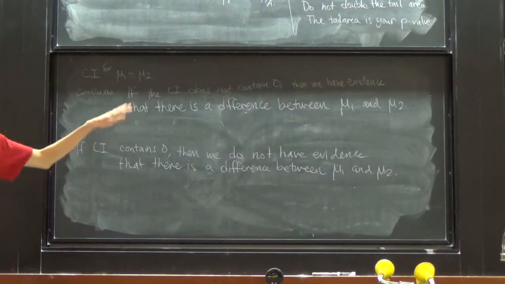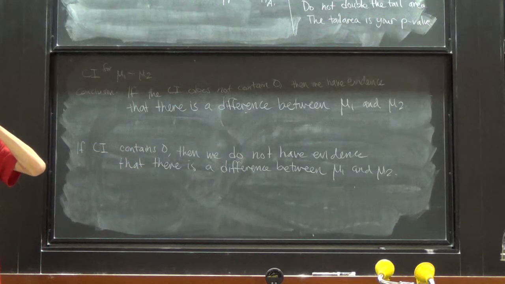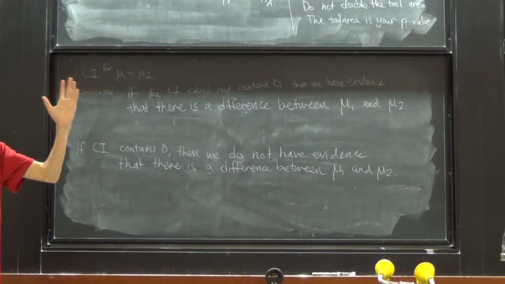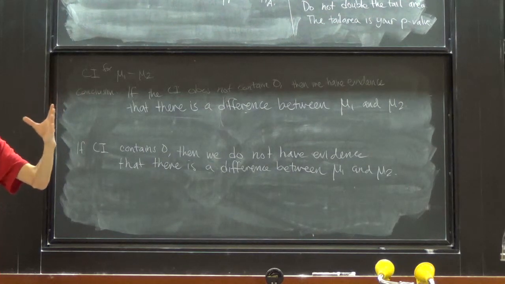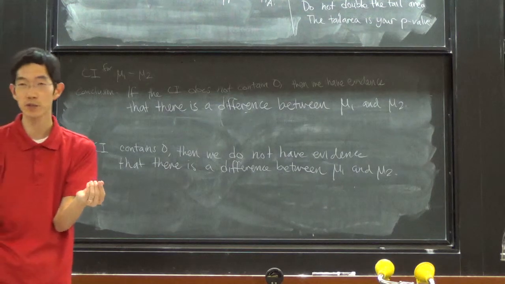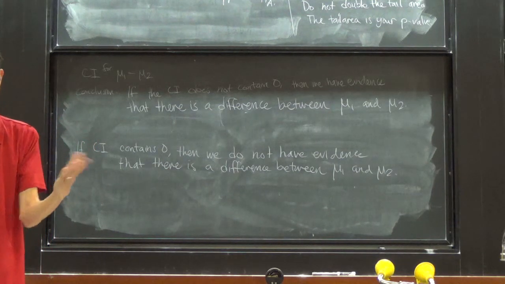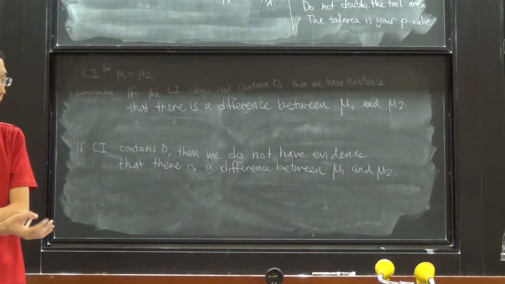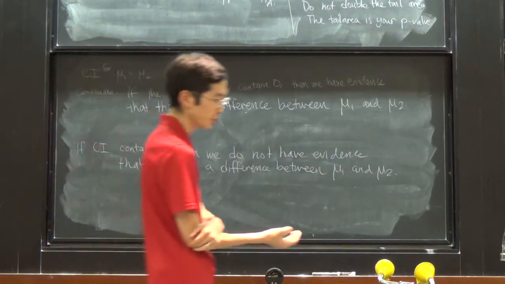So this part should be reviewed. If the interval for the difference contains the value 0, then we don't have evidence that there's a difference, because 0 is a potential value for the difference between mu1 and mu2.